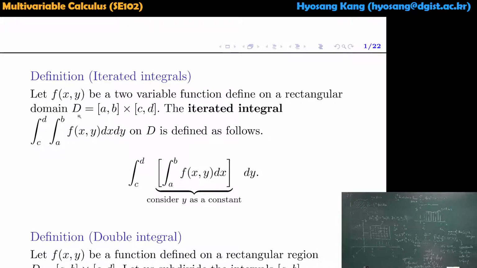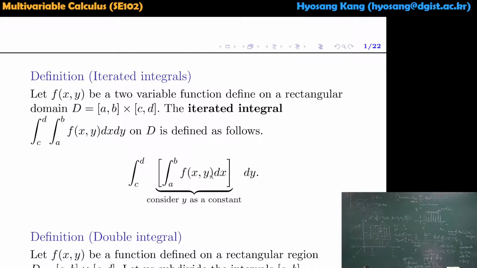If I write this symbol, that means I take the integral of this function f in terms of x on the interval a to b, regarding y as a constant. Okay? So it's similar to the partial derivative. When you take a partial derivative in terms of x, we take y as a constant, right?